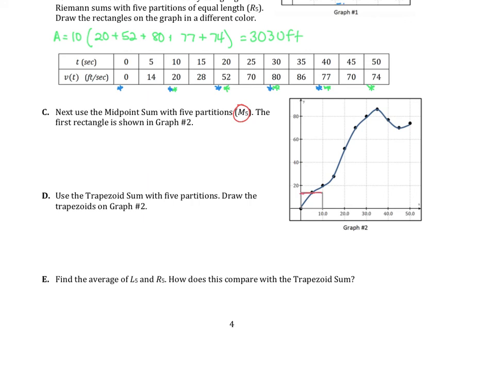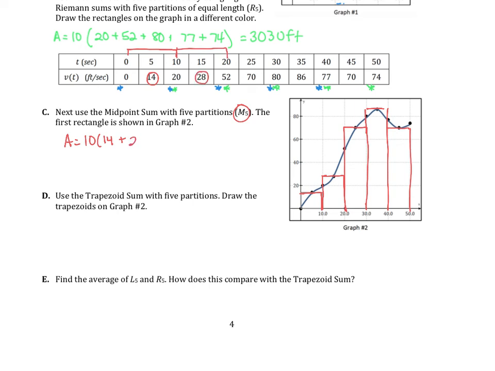So the midpoint with 5 partitions. Well, one was already drawn for us. So you can see that the midpoint dots are already in the graph, so that helps. And so your midpoints should look like this. And if I go to find the area of this one, we'd get 10 times 14, because it's the midpoint of this rectangle.